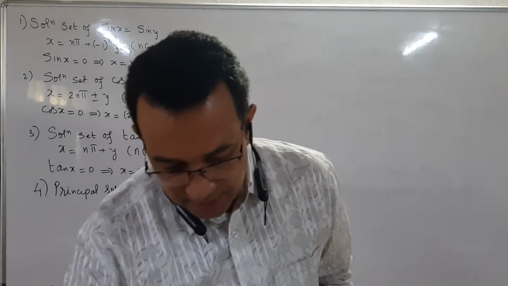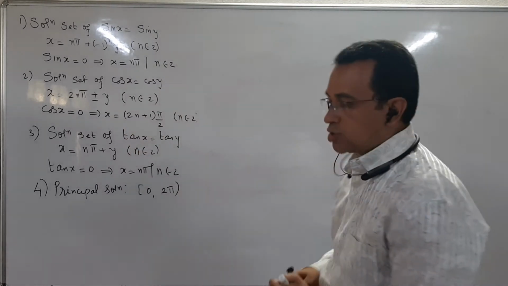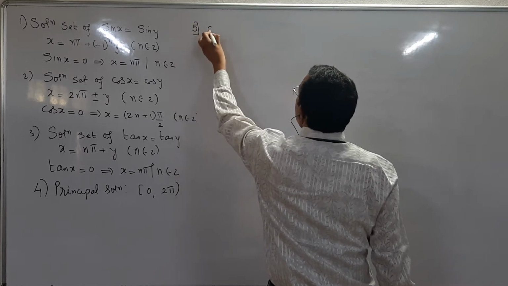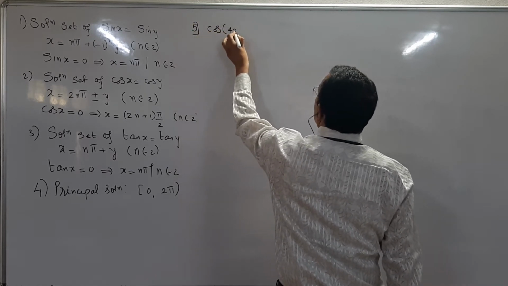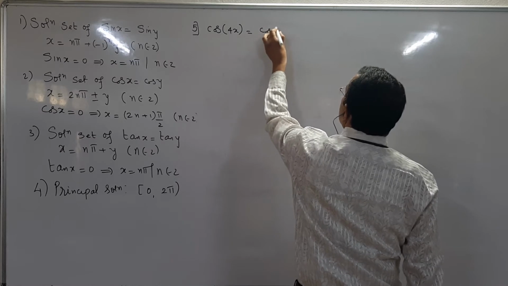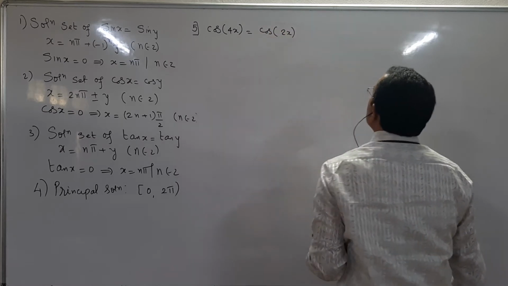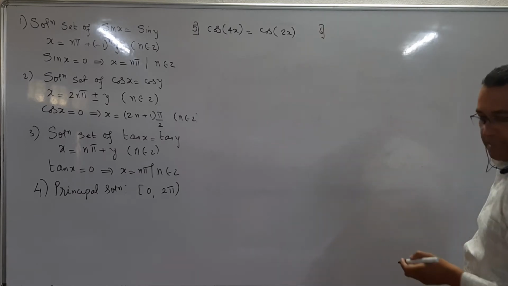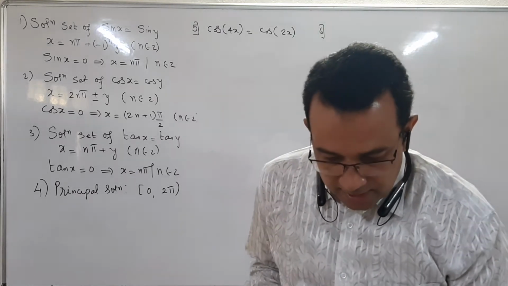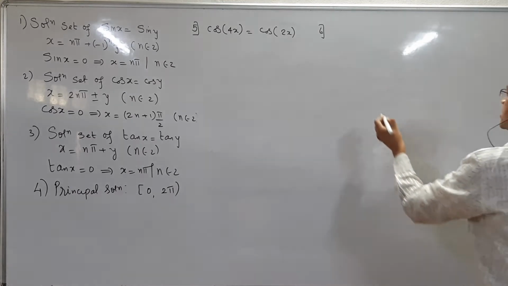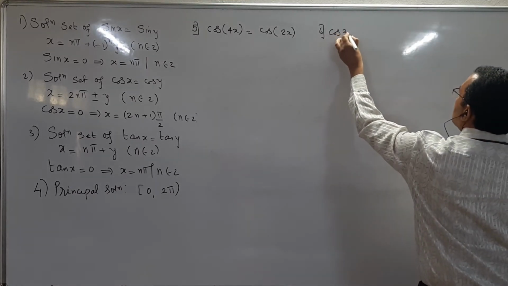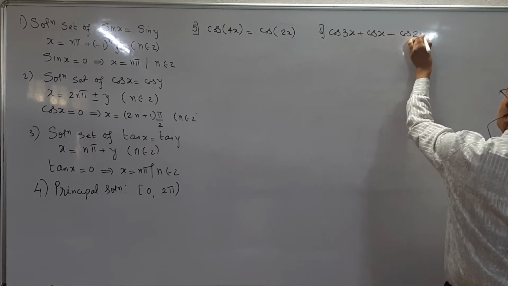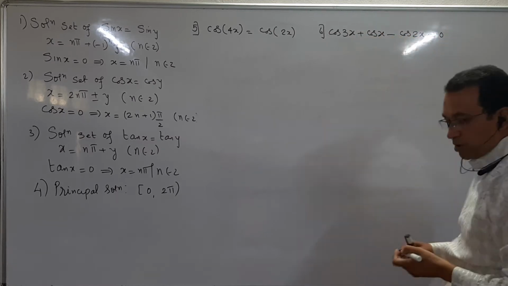The fifth question is cos 4x is equal to cos 2x. Okay, question 5: cos of 4x is equal to cos of 2x. And the sixth question is cos 3x plus cos x minus cos 2x is equal to 0.